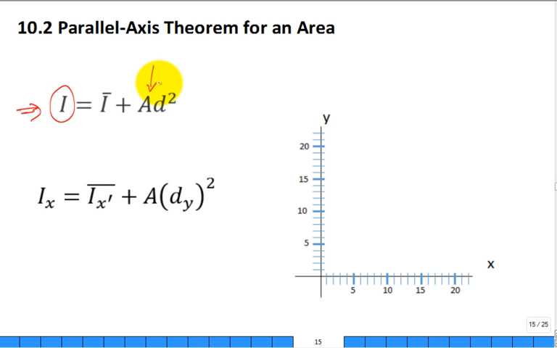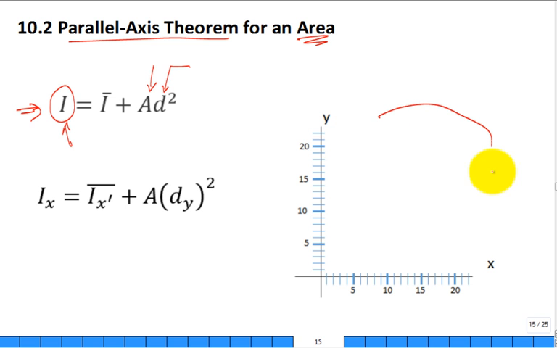It's the area of my area, because we're doing the parallel axis theorem for areas. And D, the hard one. D. Distance. It's a perpendicular separation distance between the centroidal axis and this one. This is the area moment of inertia for an axis that's not there, but it's separated away from the centroidal axis by distance d.